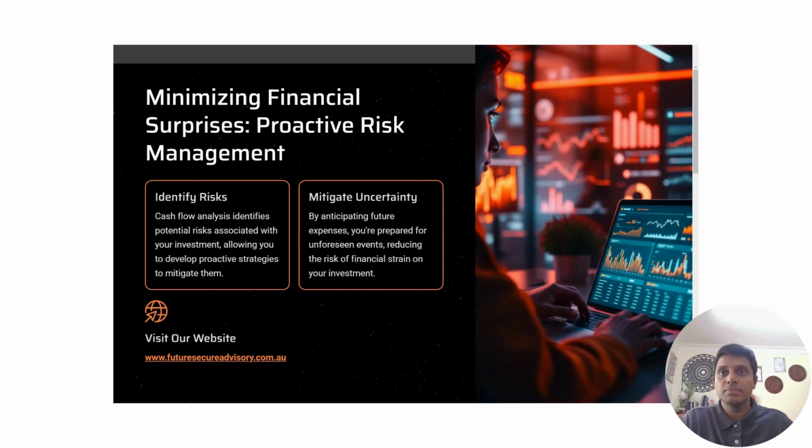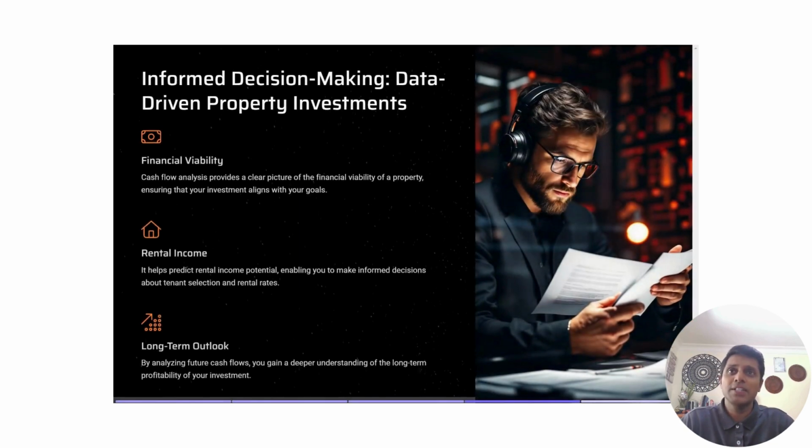So as you can see, this tool is incredibly powerful in projecting the financial journey of your property investment. By simply adjusting the rental income and interest rate, you can see the potential evolution of your cash flow over time, allowing you to make informed decisions every step of the way.